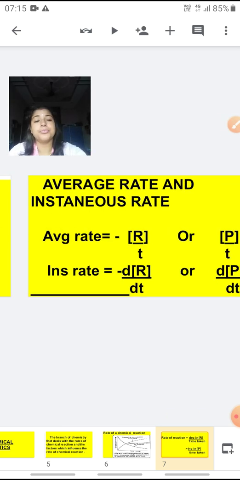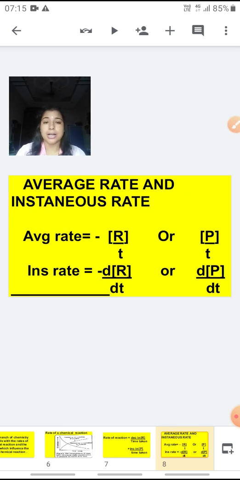Now children, see, the rate can be an average rate if the time interval you are taking is appreciable. That means if you are calculating for a larger time interval, then it is the average rate of reaction. But if you are taking a very small time interval, you get the value of the instantaneous rate of reaction.